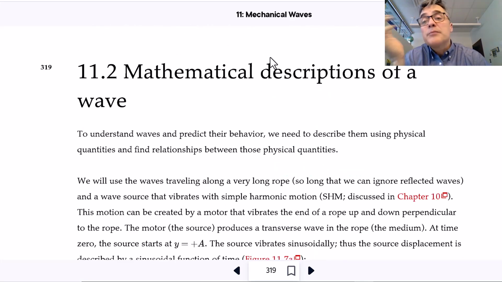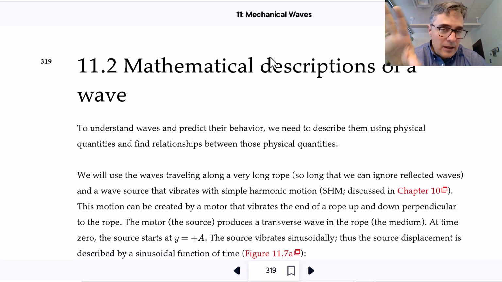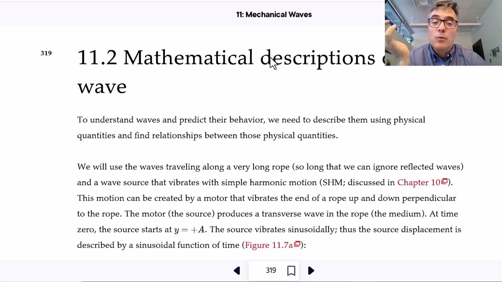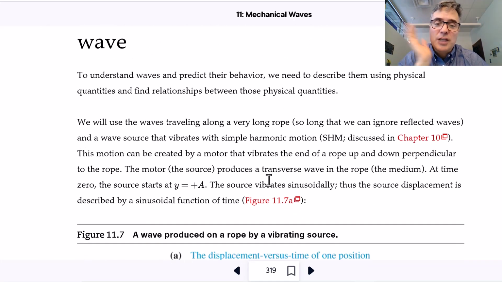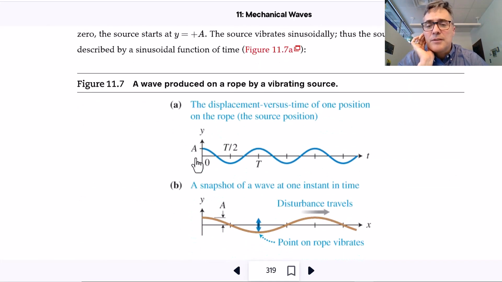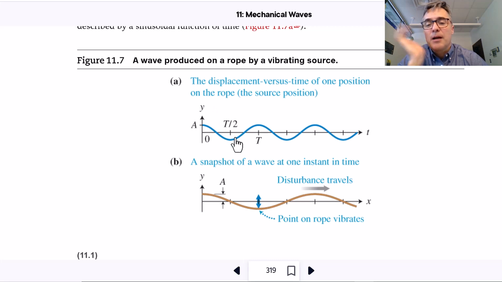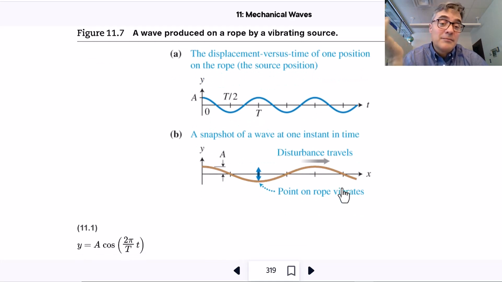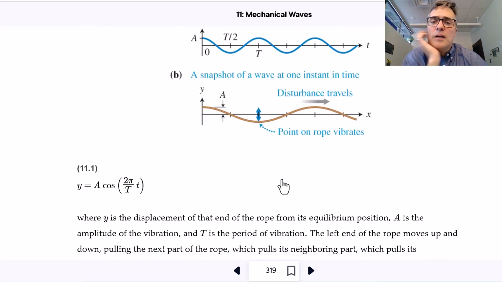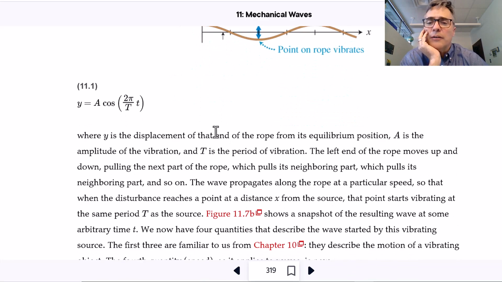In section 11.2, the idea here is we have a very specific vibration starting a wave, and that is simple harmonic motion, which we did in chapter 10. So if that happens, then you get a wave, so here's a position versus time graph of maybe the end of a wave, then that'll send a cosine shaped wave along the medium.